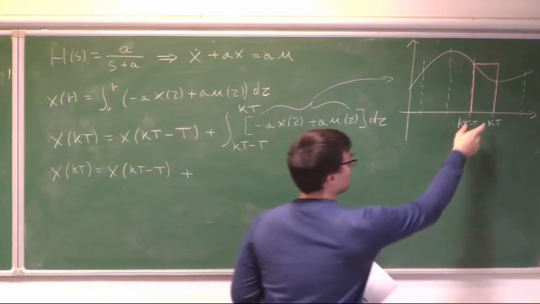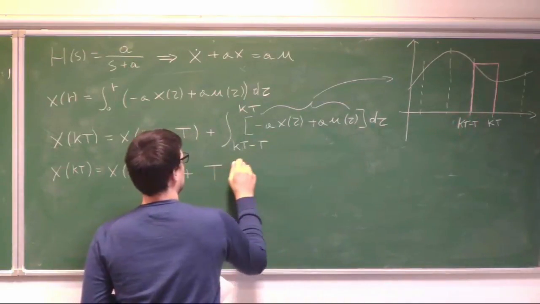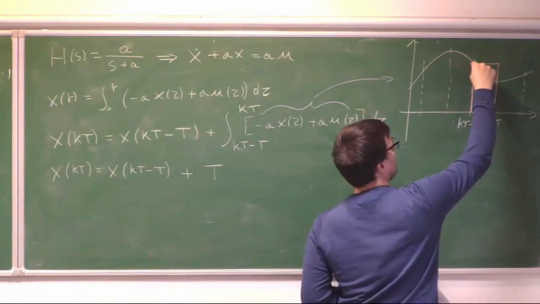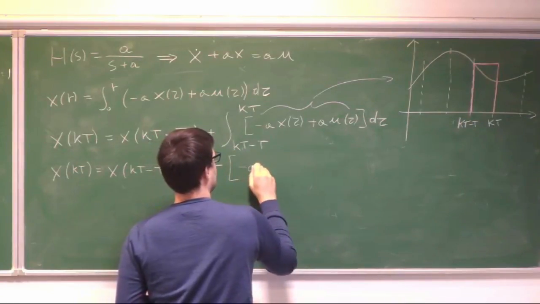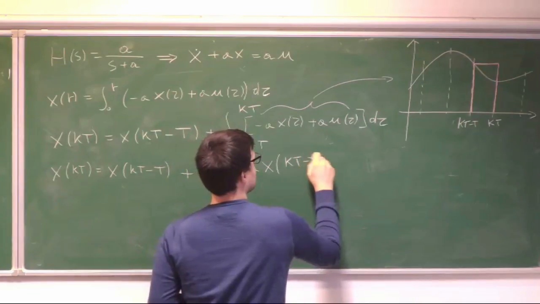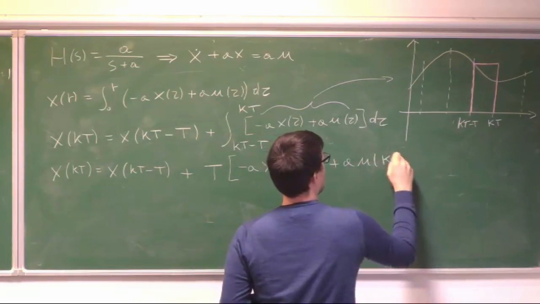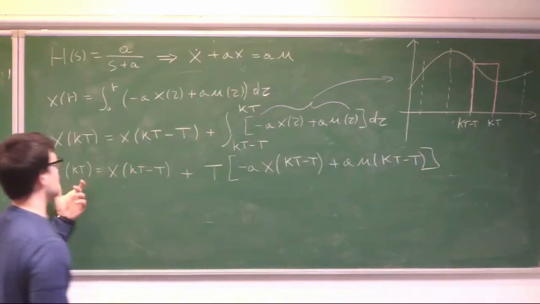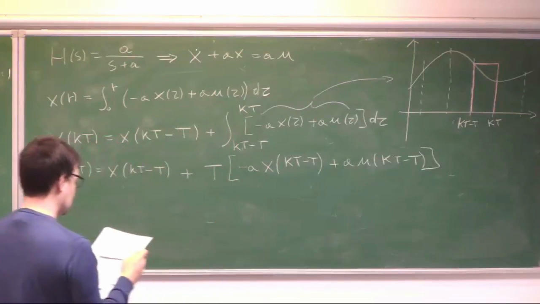So the base of this rectangle is capital T, and then the height, okay, is just the value of the function at this point over there. So we have times minus a x of kT minus T plus a u of kT minus T. Okay, so we have approximated this integral with this expression over there.